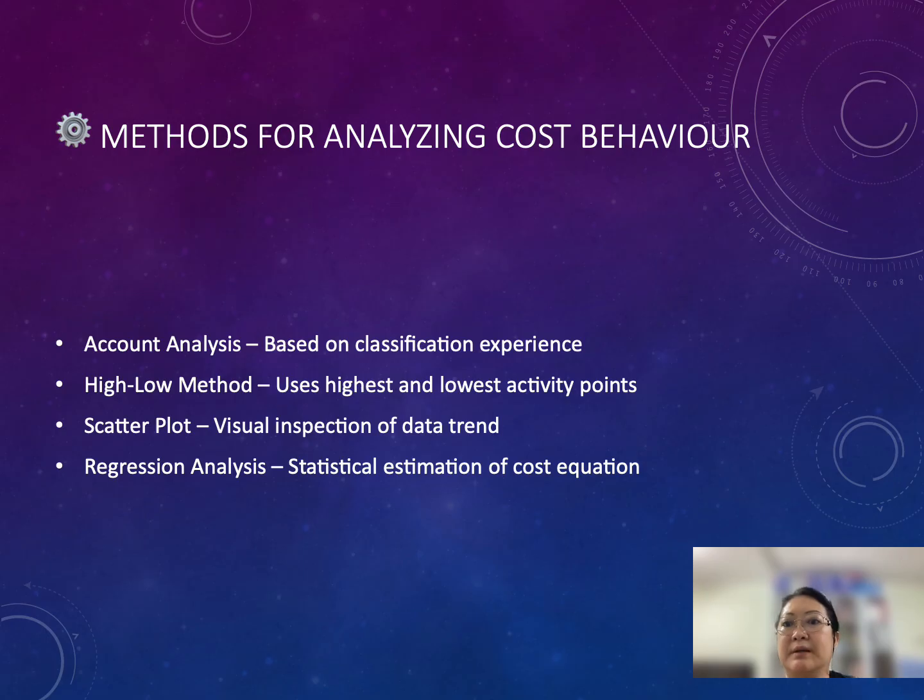Scatter plot will use a graphic to identify the trend of the data. Regression analysis, on the other hand, is a statistical method that estimates cost functions more precisely using statistical software.